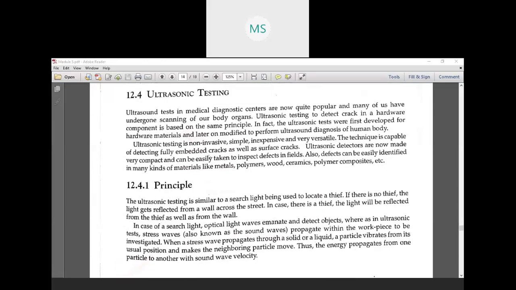Next we go to ultrasonic testing. You know very well, ultrasonic means something related to sound. So let us see this ultrasonic test.